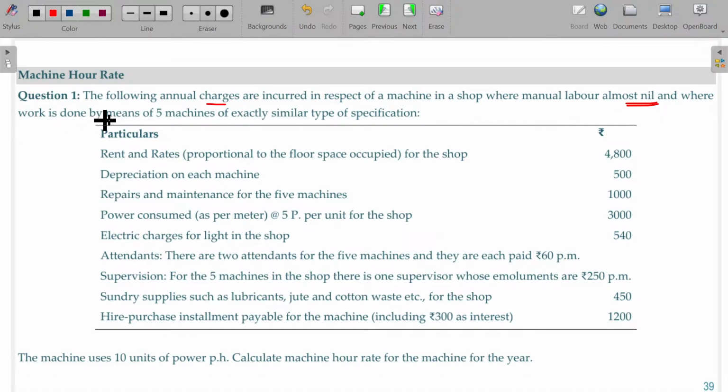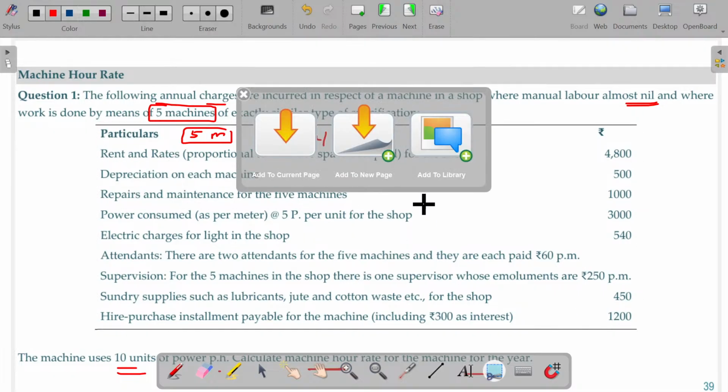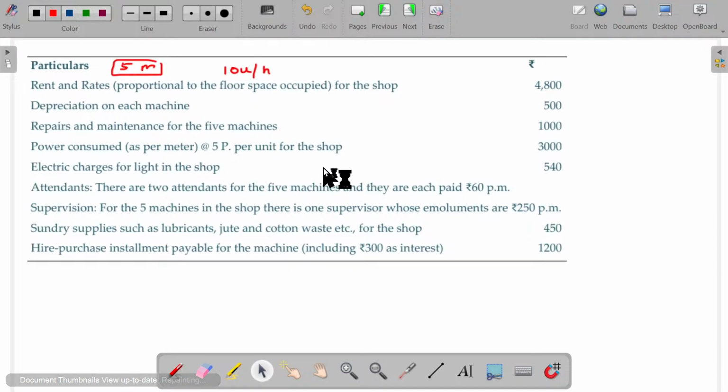The work is done by means of 5 machines, all of exactly similar specification. A machine uses 10 units of power per hour. Calculate the machine hour rate for the machine for the year. Come on, find out the total cost for running the machine for the year, and then you can find out the cost per hour.